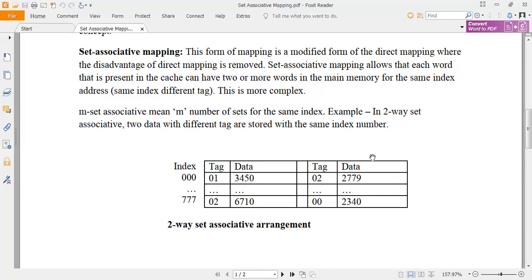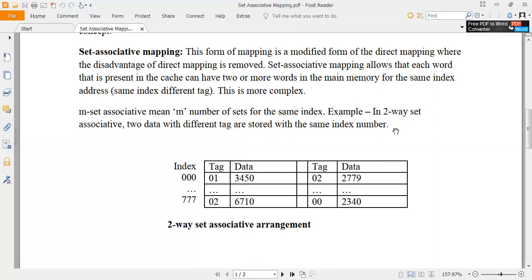These two addresses cannot reside in the cache memory in the case of direct mapping. Now, in set associative, the index can store two data items with different tags. This index 000 is stored with the 01 tag and also with the 02 tag. That is not possible in direct mapping. So this is the example of two-way set associative.